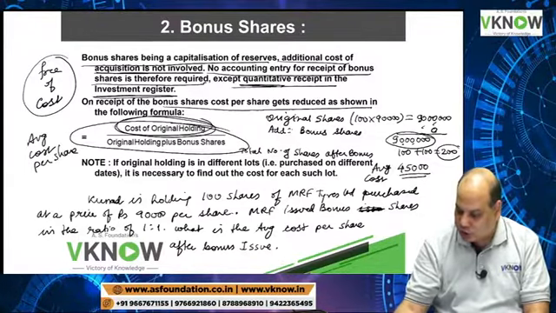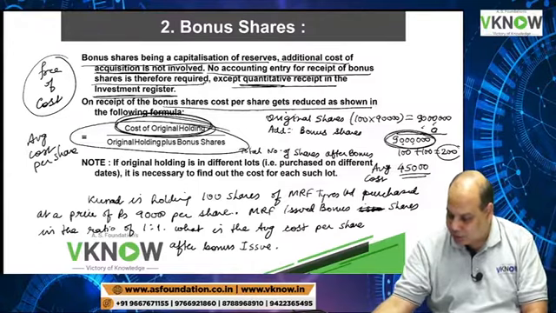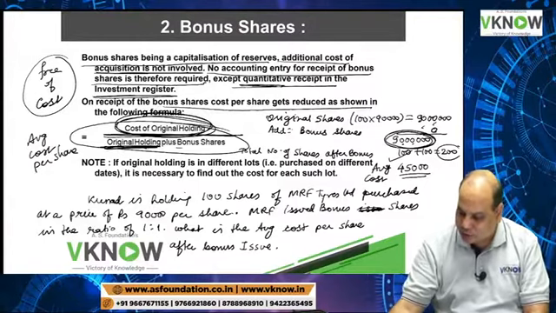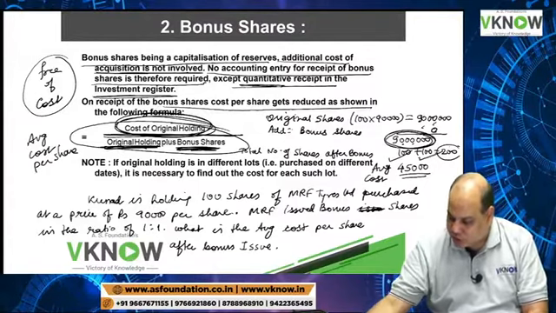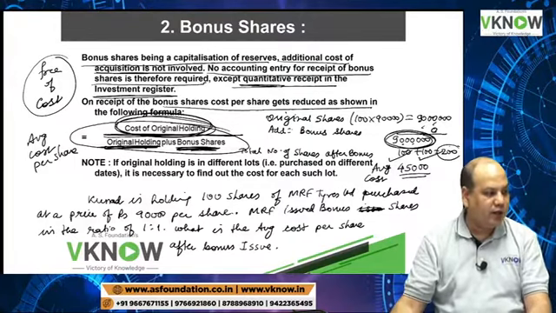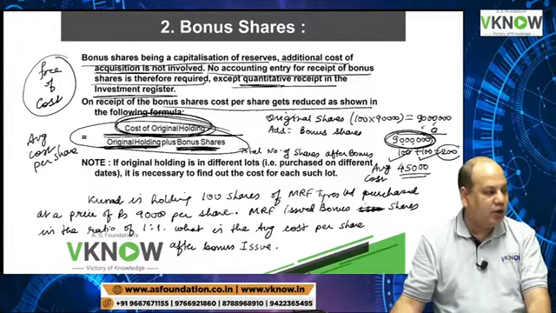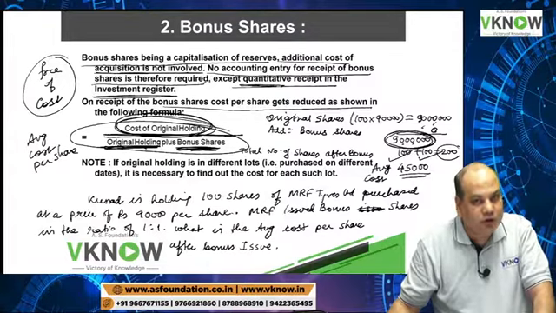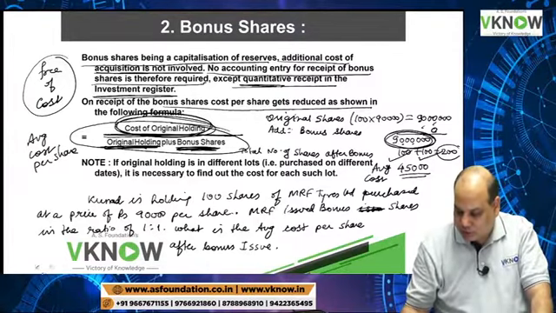Cost of original holding, in our example 90 lakh, divided by original holding 100 in our example plus bonus share 100. So that gives me the average cost per share in case of bonus shares.